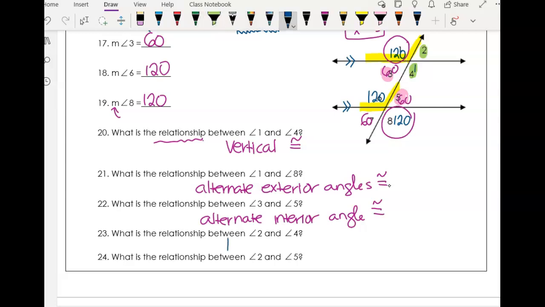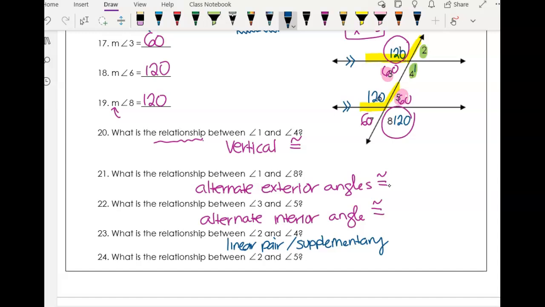So you can either say that they're a linear pair, because they come together to form the straight line. You could also say that they are supplementary. But supplementary just means that they would add up to 180. It does not mean that they have to share a side. So it's a little fine detail, if you will. But both would be acceptable in this case.